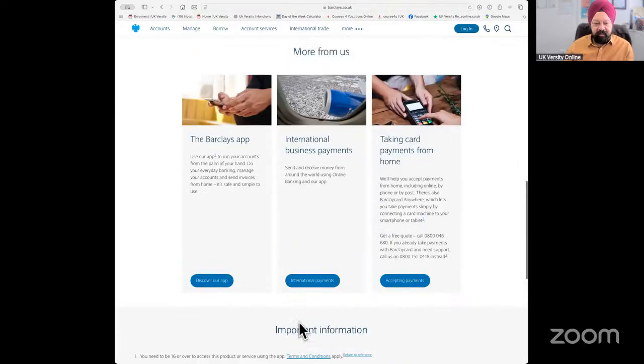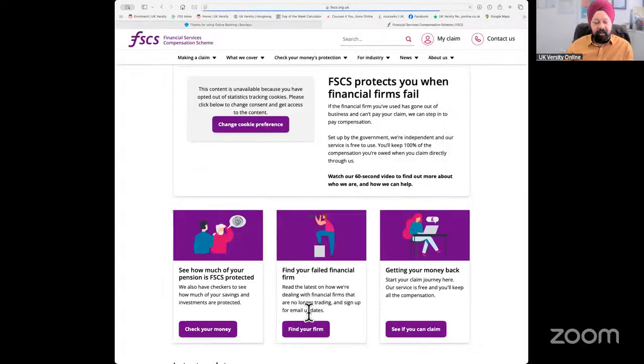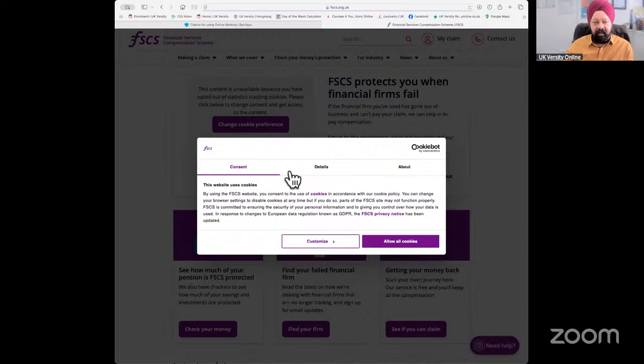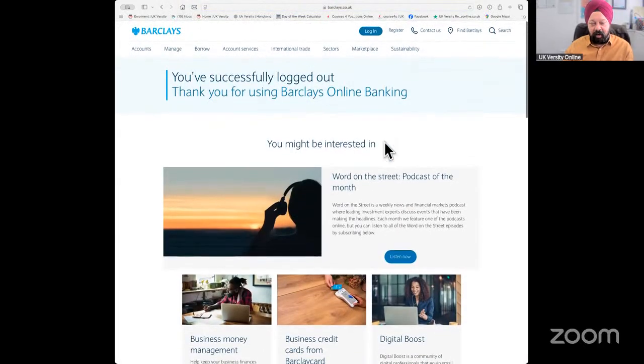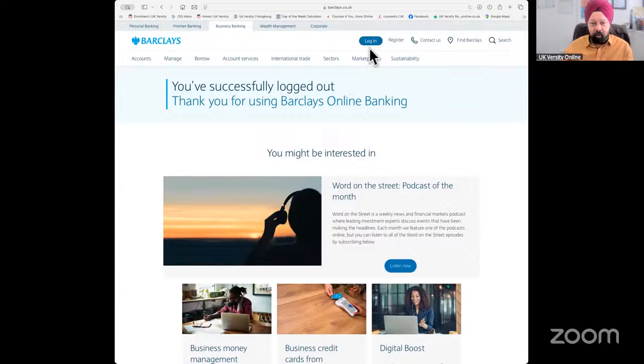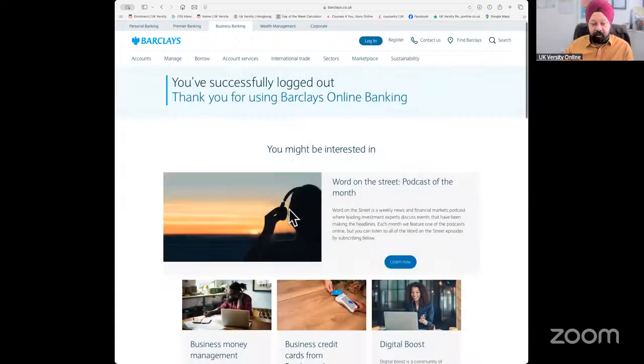If I look at a banking website, as you can see, it is protected through FSCS, which allows any activity happening on the website to be tracked. That essential part of it means that as a consumer, as a customer, you feel confident that you're on a site which follows certain standards for security.